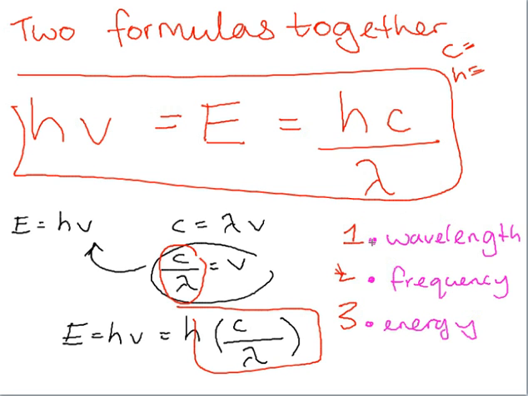Like if I had wavelength, I can just plug it into this equation to find frequency. I don't need wavelength and energy to find frequency. You only need one of these to find the other. If you had energy, you can find frequency or wavelength. So that's the good thing about this combination equation.